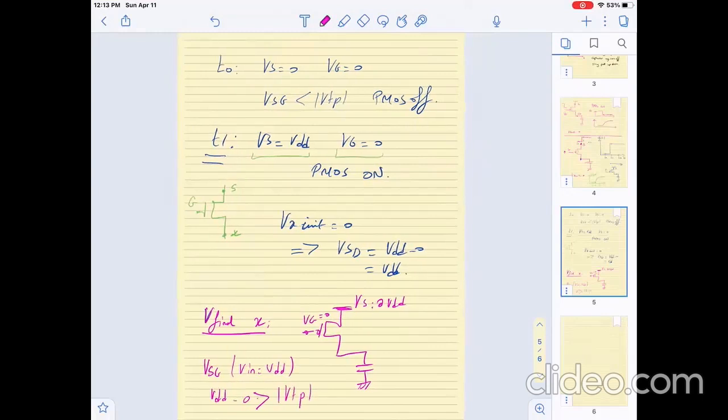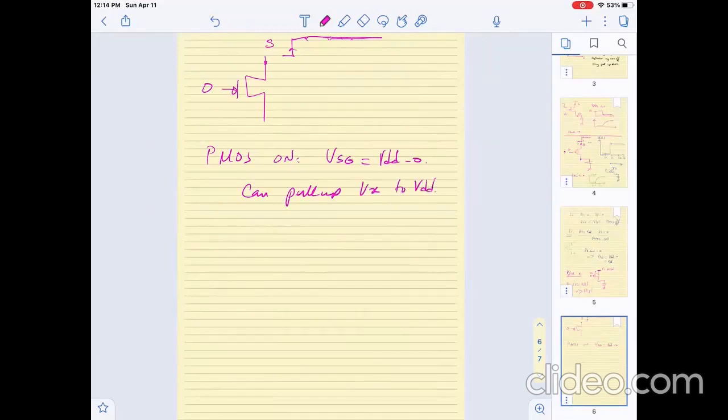So for my PMOS, where I have applied a step function Vn at S that rose to VDD, if it remains like this forever, then the PMOS will always be on because Vsg is equal to VDD minus 0, and therefore it can pull up Vx to VDD. So here it's acting as a pull up.